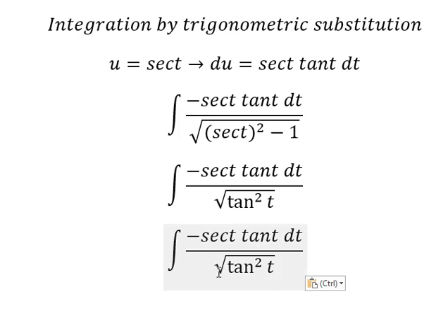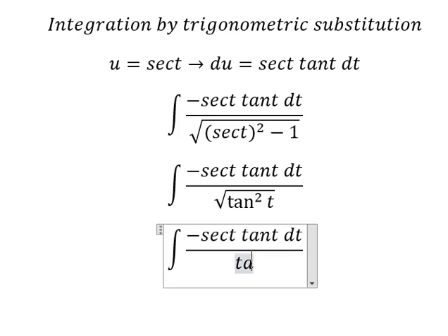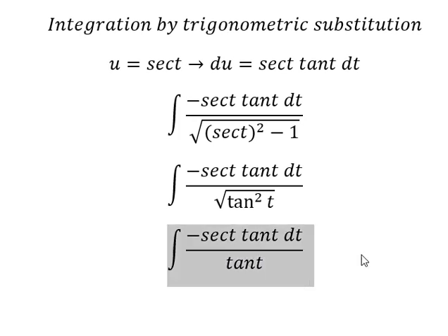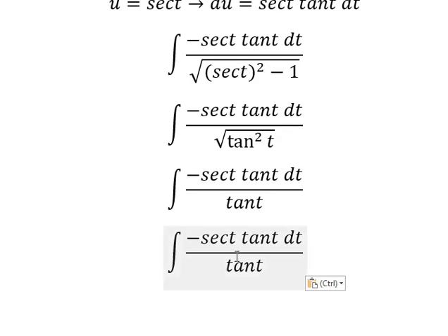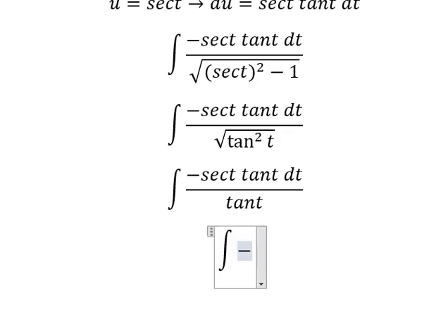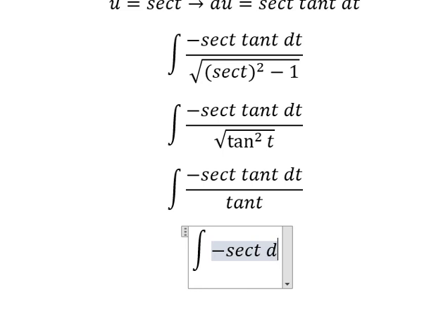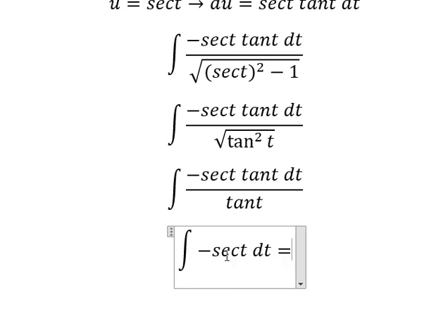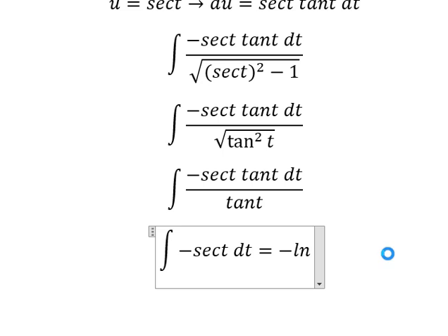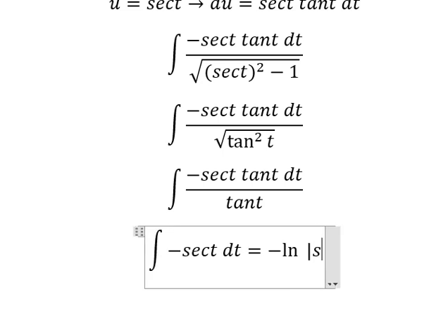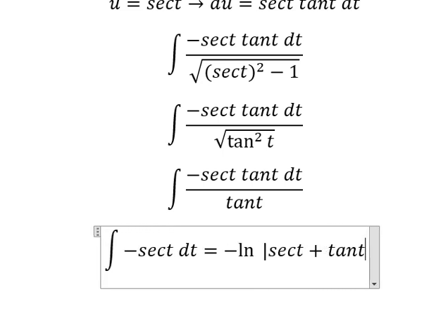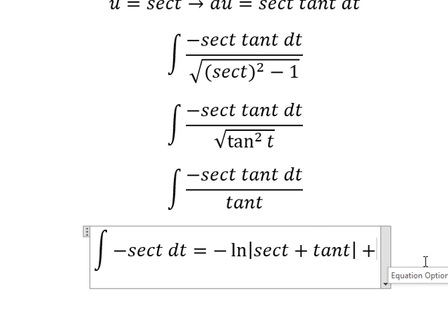The square root of this one is tan t. And now we simplify, so we have negative sec t dt. The integration of this one is ln of the absolute value of sec t plus tan t, and I will put plus C.